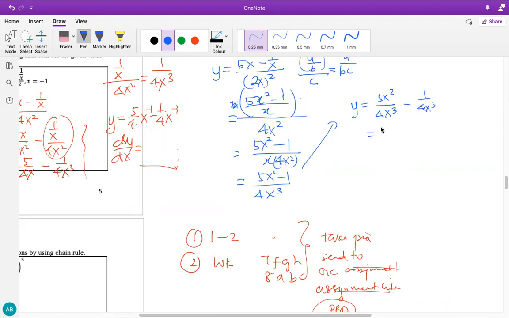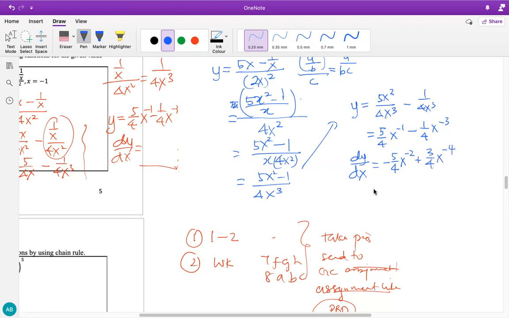So you get 5 over 4 x to the power negative 1, and then minus 1 over 4 x to the power negative 3. So now you can differentiate dy dx. So you get negative 5 over 4 x to the power negative 2, then plus 3 over 4 x to the power negative 4.